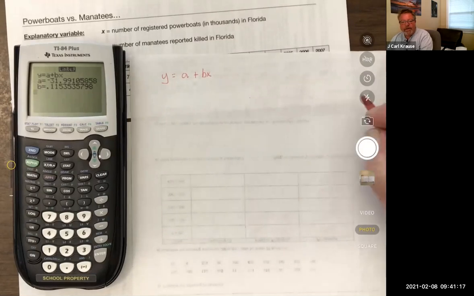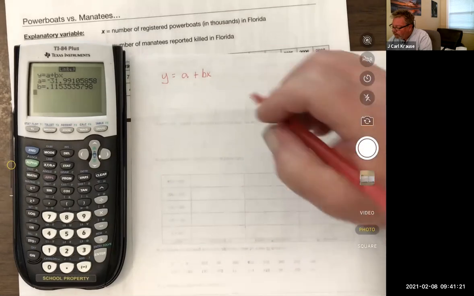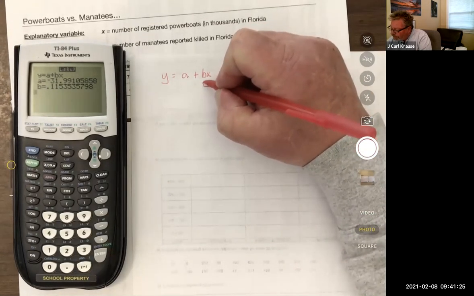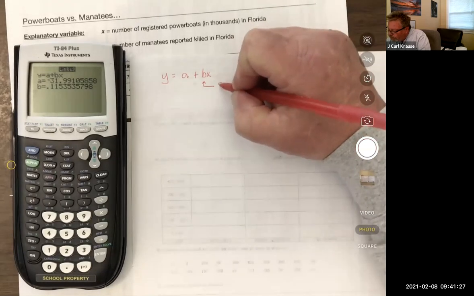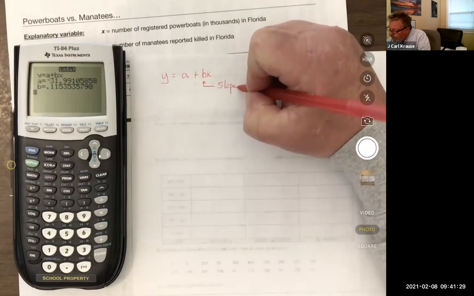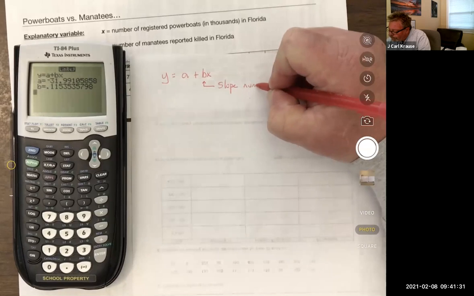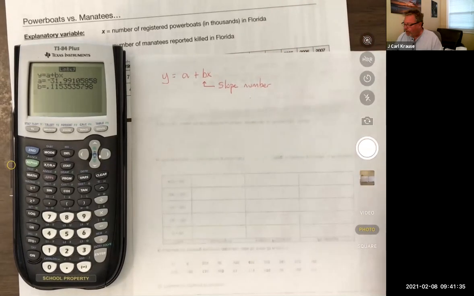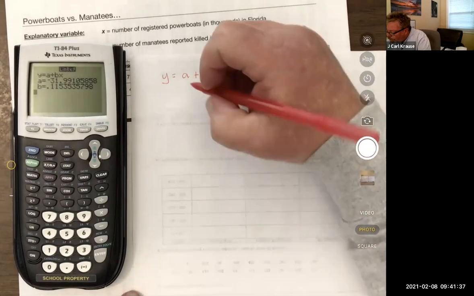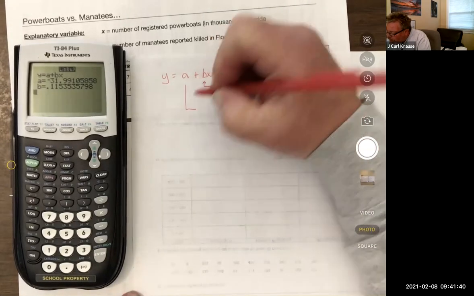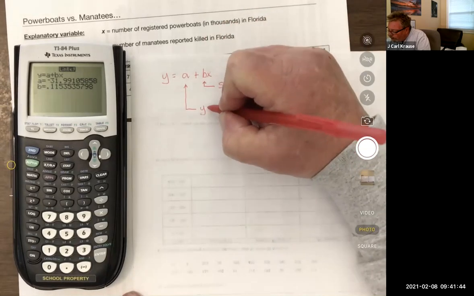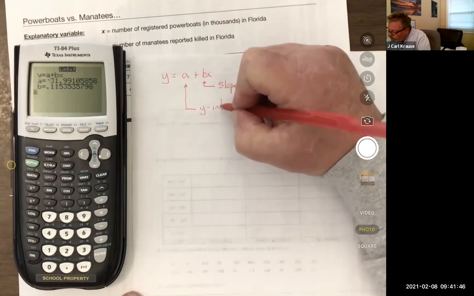And again, here's a place where it's nice to have a little background in algebra. So the value of b is what's called the slope number. It's the number that measures the steepness of the line. And this value a right here is going to be what's called the y-intercept.